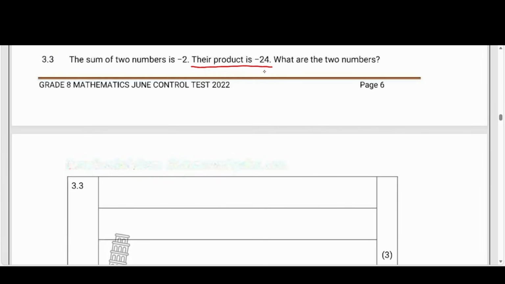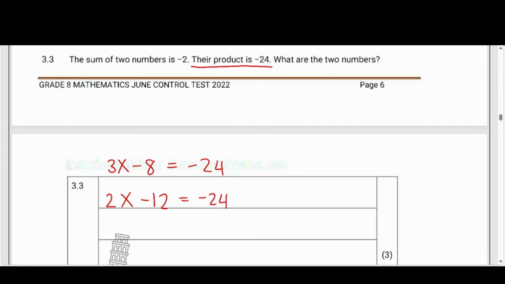So let's see, what numbers can we multiply to get to negative 24? So if I were to say 2 times negative 12, that would give me negative 24, for example. Also, 3 times negative 8 will give me negative 24.